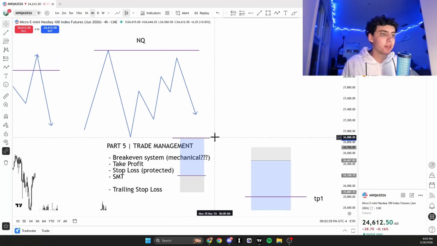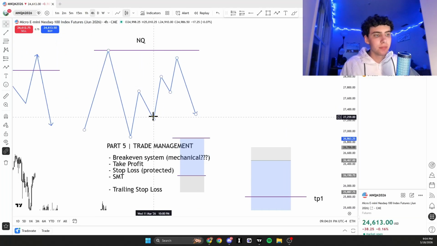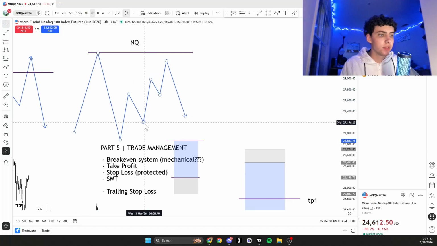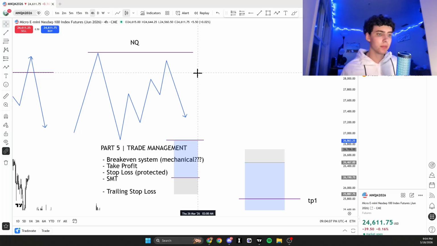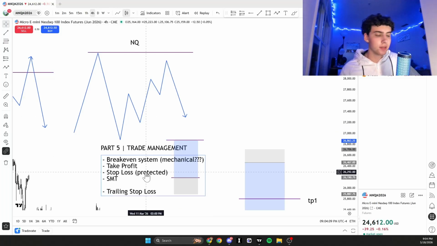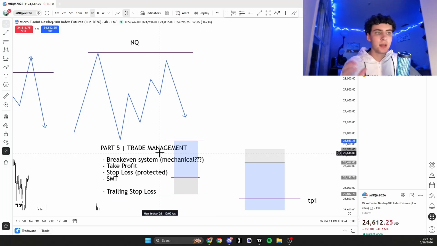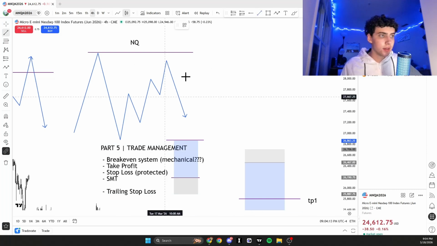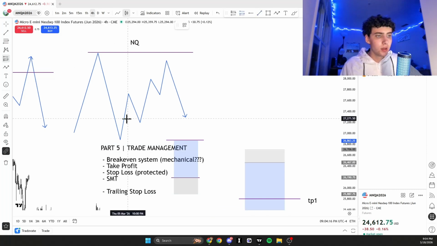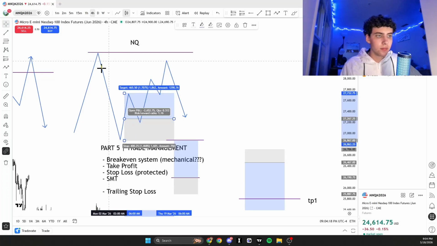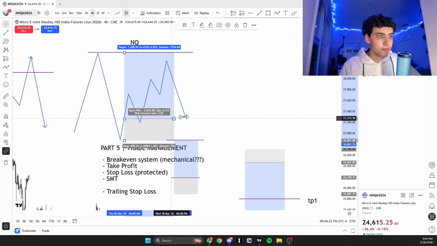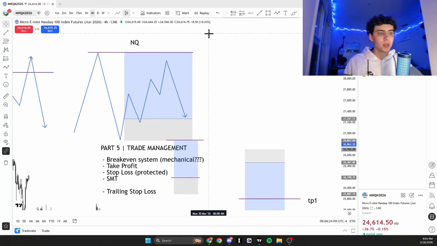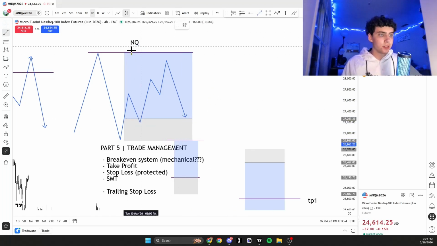If you are going to trail your stop, here's how I would do it. If you do decide to do it, the protected idea is still the same. So let's say you get an entry. I'll just use this drawing since we have it pulled up. If we have a TP, or our drawn liquidity, you take your entry right here.